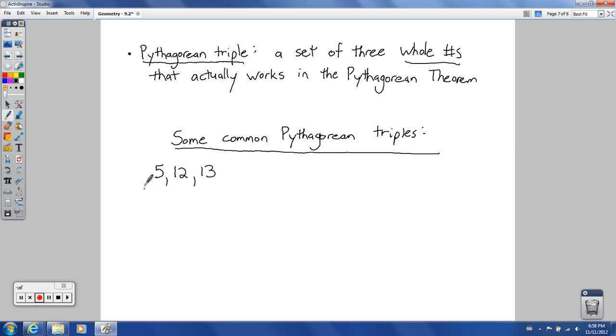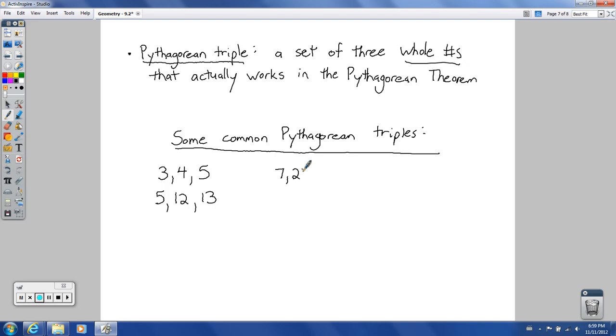That's a pretty common one. Another common one is 3, 4, and 5. You see those 3 going together a lot. I feel like I should flip-flop those. So I'm going to put this one up here just because that one is kind of the first one. So there we go. Flip-flop those: 3, 4, and 5, 5, 12, and 13.